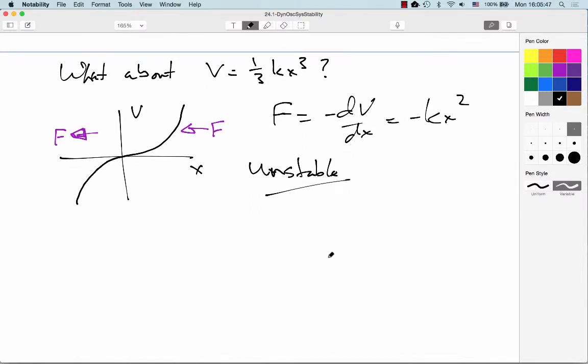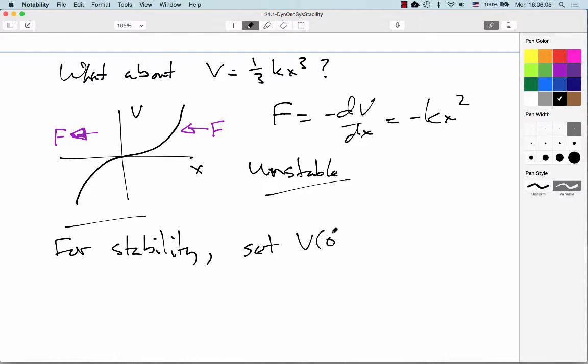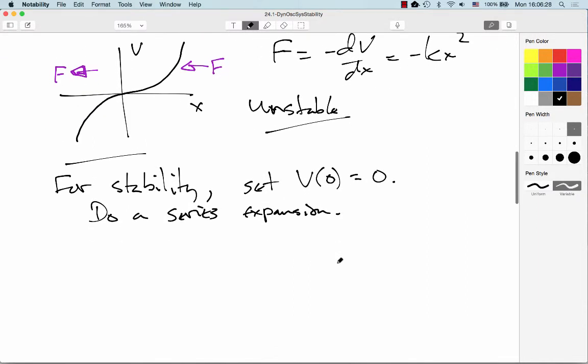So the moral of the story is that to have a stable equilibrium, without loss of generality, just to make the discussion make sense, we can set the potential at equilibrium to be 0, right? That's just by adding or subtracting a constant. So then do a series expansion, and then we want to look at the leading term.